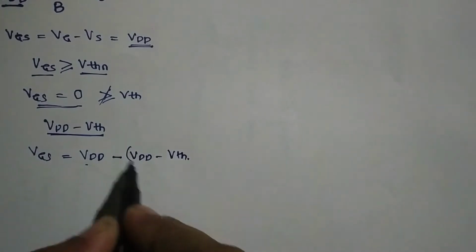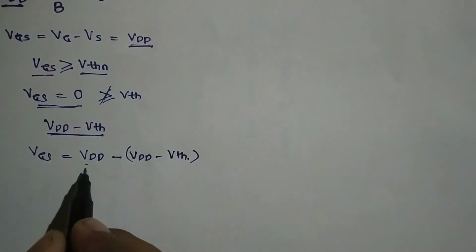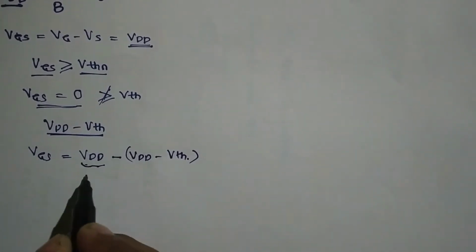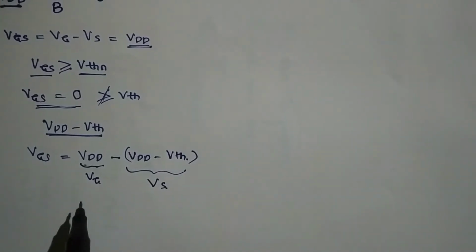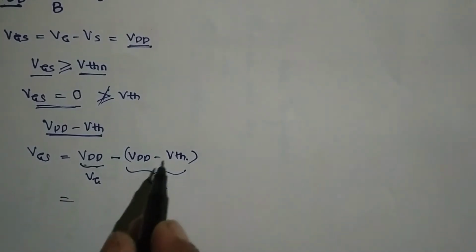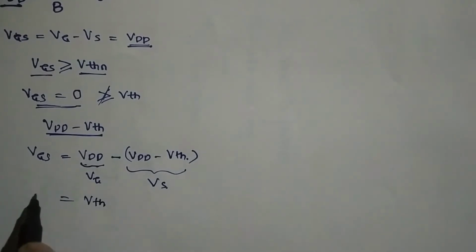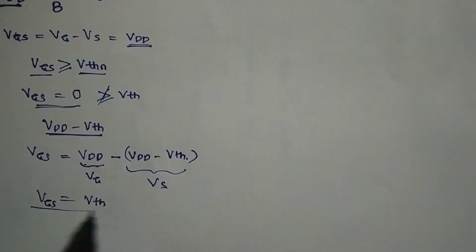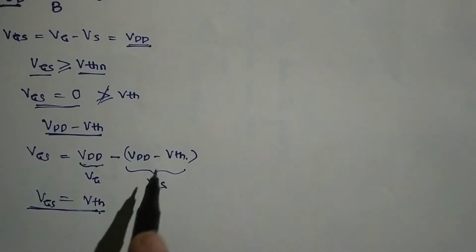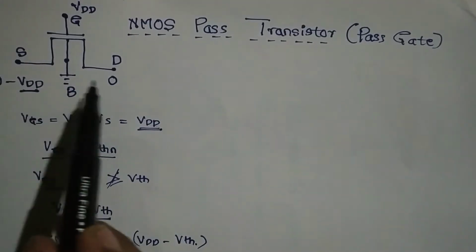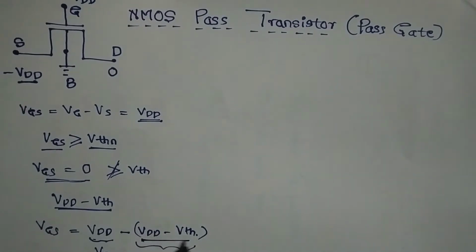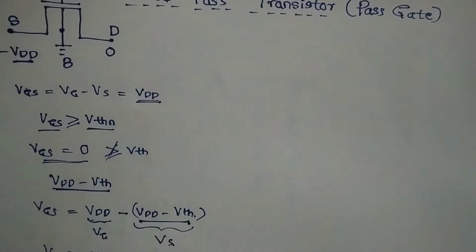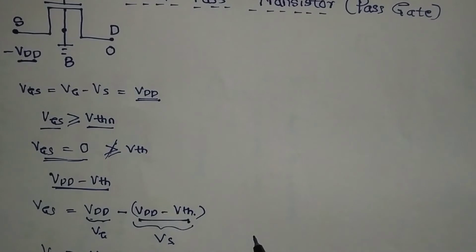This should be in brackets. So this is actually VG and this is actually VS. At that time VGS becomes VTH. So VGS is equal to VTH. This is the boundary at which my MOSFET has to turn on. So this is the maximum voltage at the source terminal which can be transferred to the drain terminal.